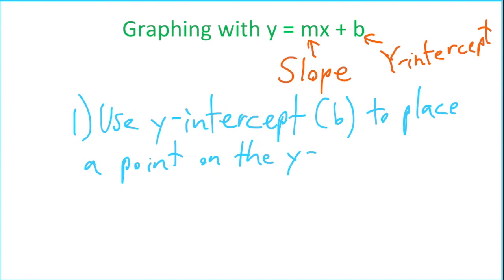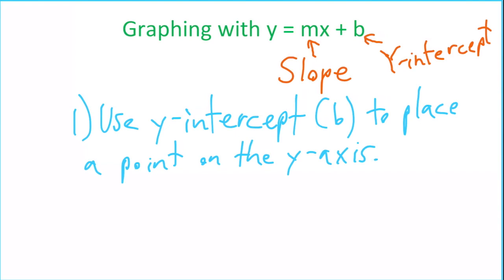Since you're placing a point on the y-axis, the b value means you're going to go either up or down. Up is when it's positive, and down is when it's negative.